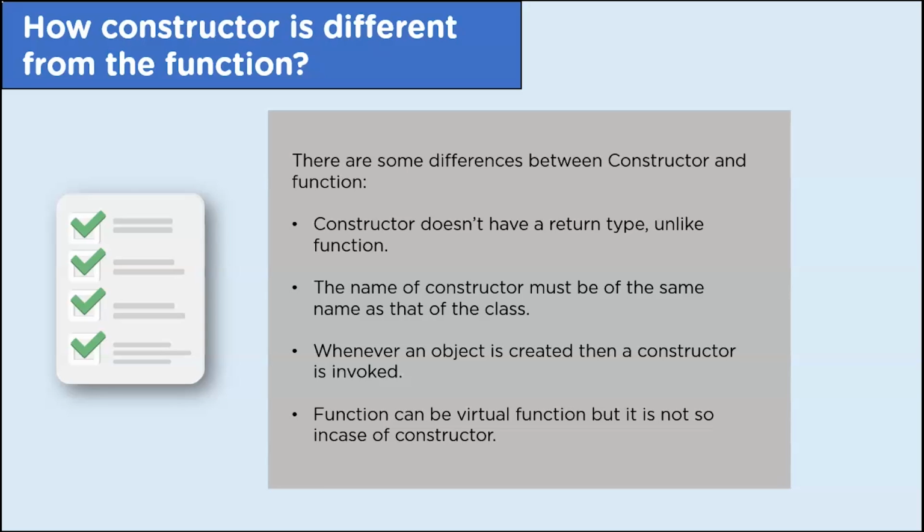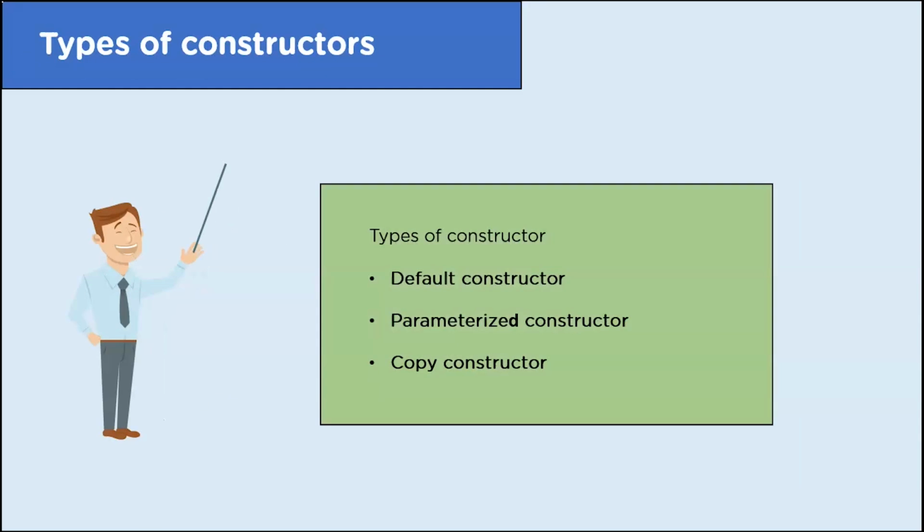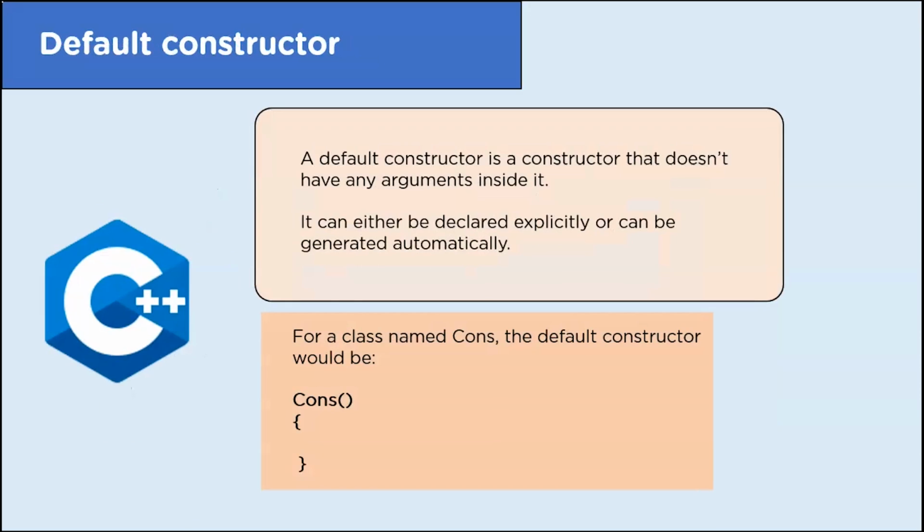Now coming to types of constructors. There are actually three types of constructors in C++. That is default constructor, parameterized constructor, and a copy constructor. So let's start with the default constructor. A default constructor is a constructor that doesn't have any arguments inside it.